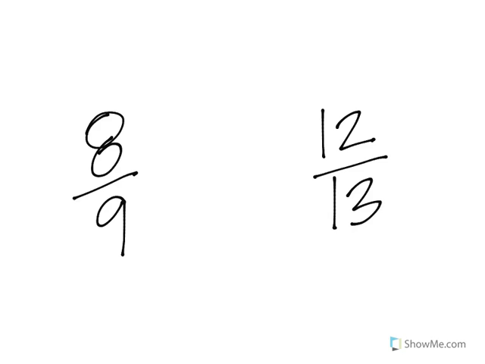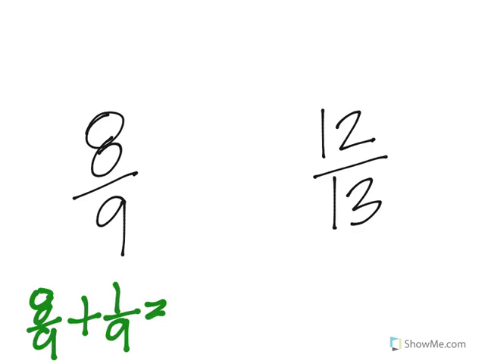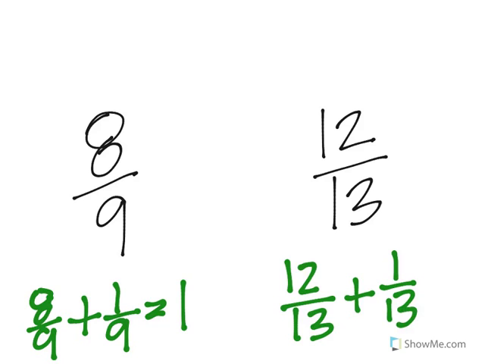So for example, 8/9 is 1/9 away from the whole. 8/9 plus 1/9 would get me to a whole, because 8/9 plus 1/9 is 9/9. And 12/13 is also one piece away from the whole, but it's a different piece. 12/13 is 1/13 away from a whole.